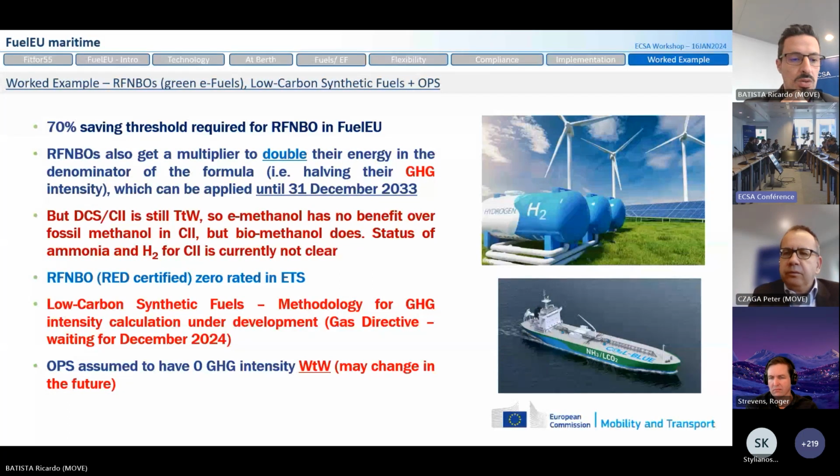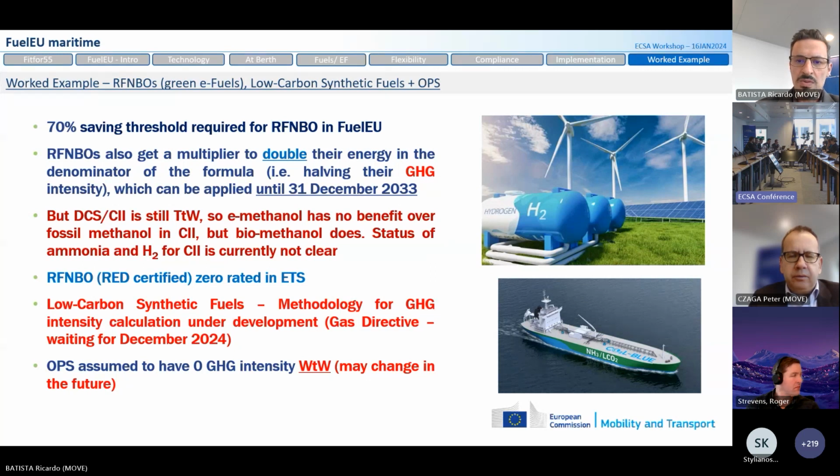So here we need to wait for December 2024, where a delegated act for calculation of the greenhouse gas intensity of these low carbon synthetic fuels will be issued, but these will also be eligible for compliance with FuelEU. I mentioned already in terms of OPS, the zero greenhouse gas intensity in terms of well-to-wake. This may change in the future as we may incorporate this value in the FuelEU revision.